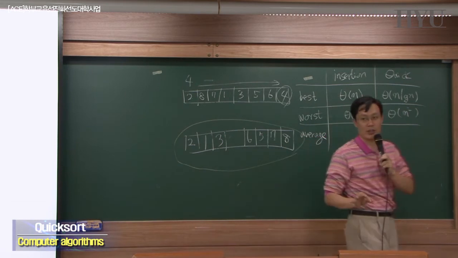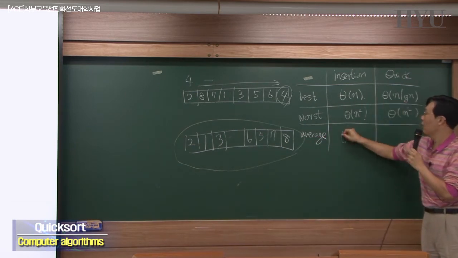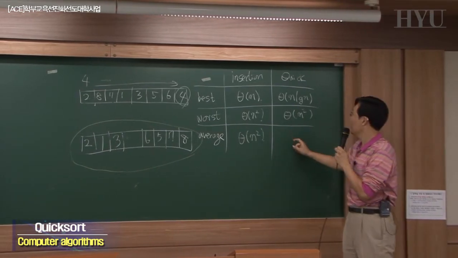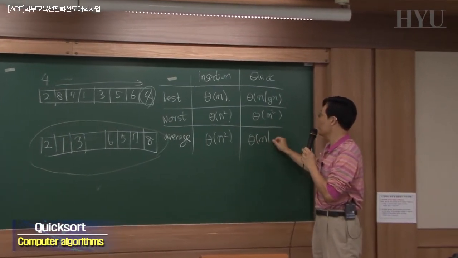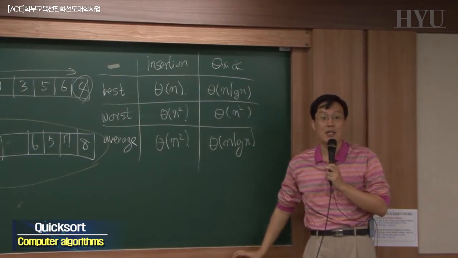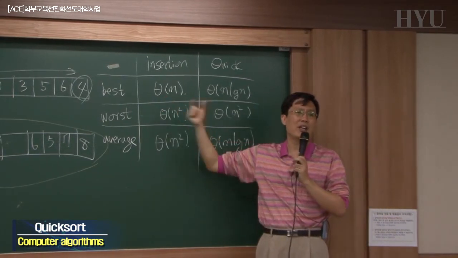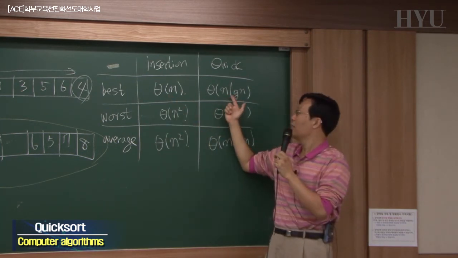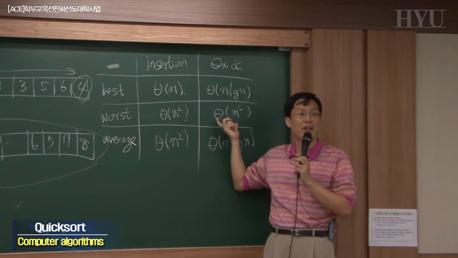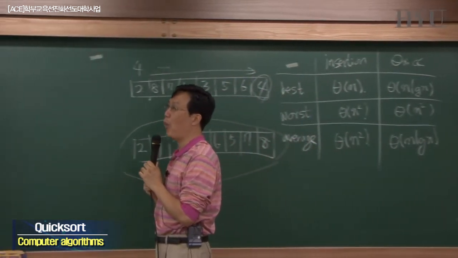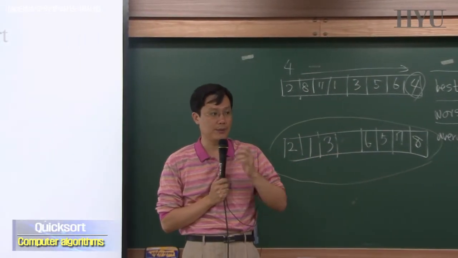On average, the running time of insertion sort is n squared. But the average case running time of quicksort is n log n. It means there are only very few worst cases. So that's why quicksort is used more than insertion sort.